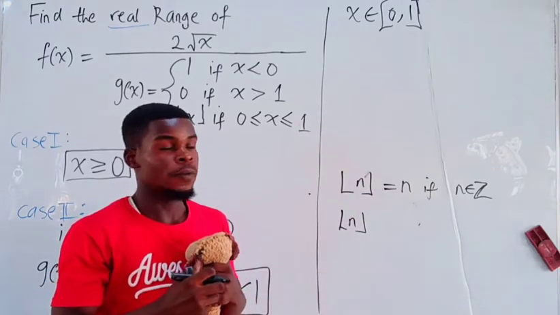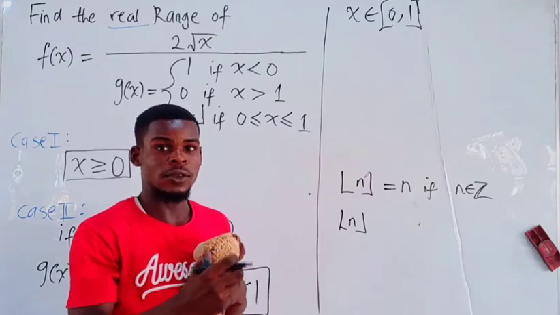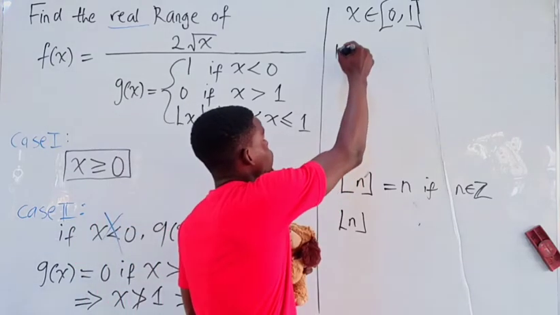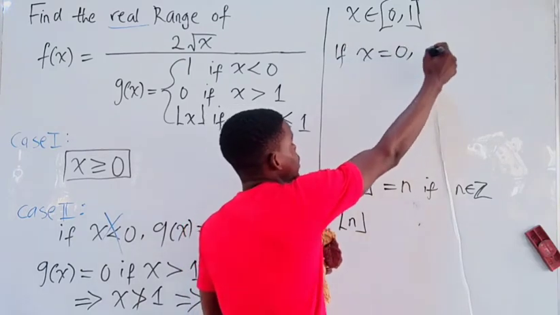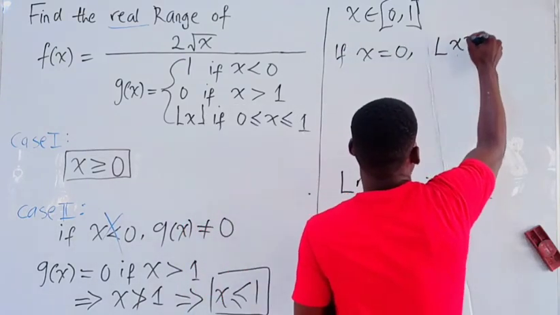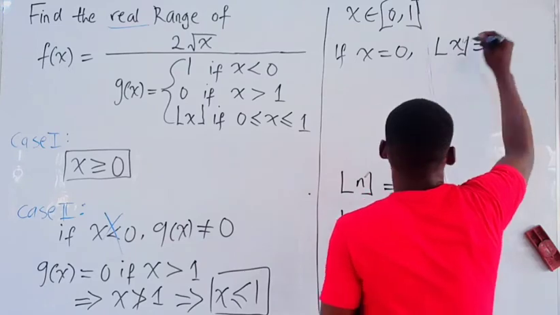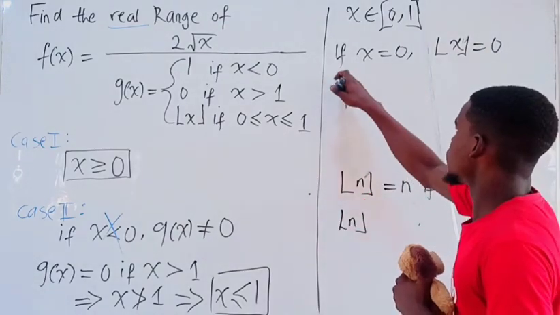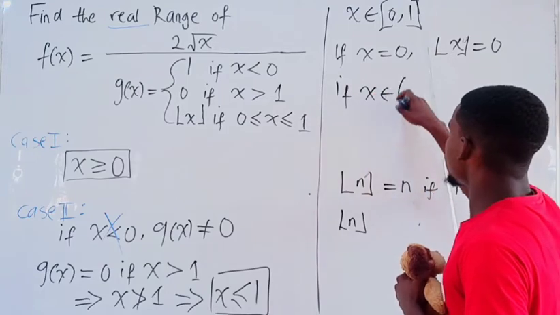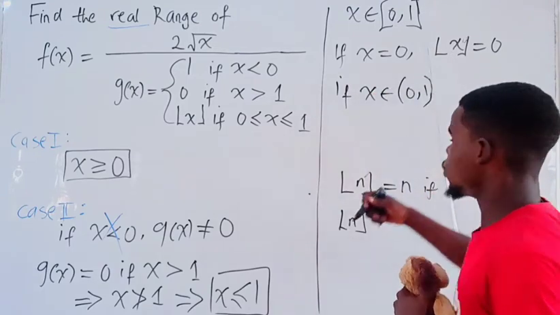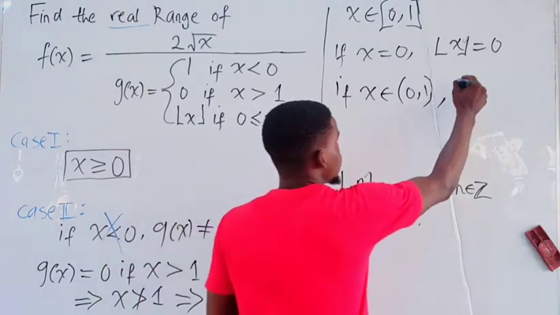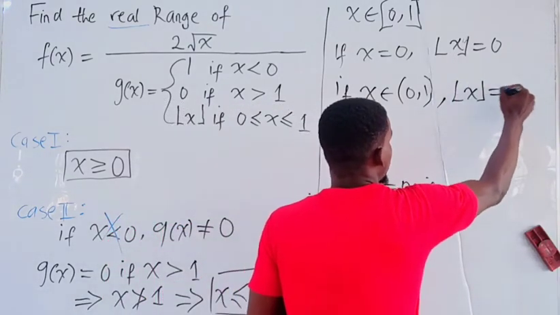Good. Okay, so what that tells us is that as long as x lies in that interval, x can be 0, x can be between 0 and 1, and x can be 1. Now, if x is 0, then by the definition of the floor function, the floor of x will just be 0, because 0 is a whole number. Good. Now, if x is anything between 0 and 1, with 0 and 1 excluded, the floor function of x will be equal to 0.